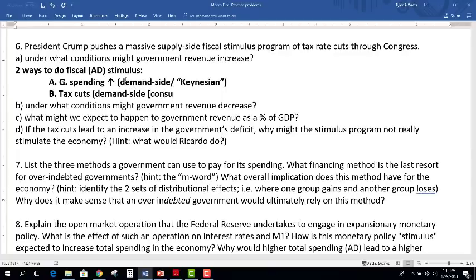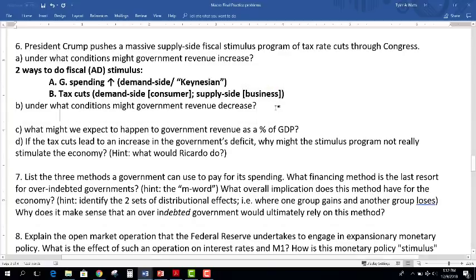So from the consumer standpoint. But that's also supply side because it would increase aggregate supply if it got businesses to invest more. So kind of from the business perspective, we would call that a supply side policy. Okay, so that's maybe double barreled stimulus, right? You get consumers spending more because they have more income after tax, and you get businesses investing more and creating more capital, which increases your growth rate.